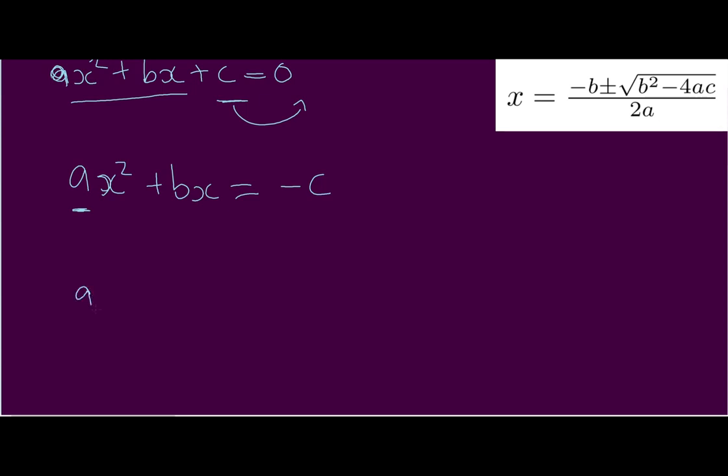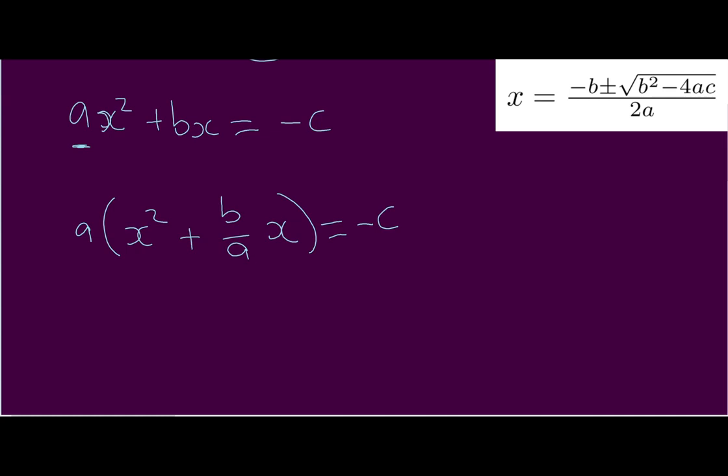So we're going to take a outside and then write x squared plus b divided by a, since we didn't have the a, x equals negative c, right?